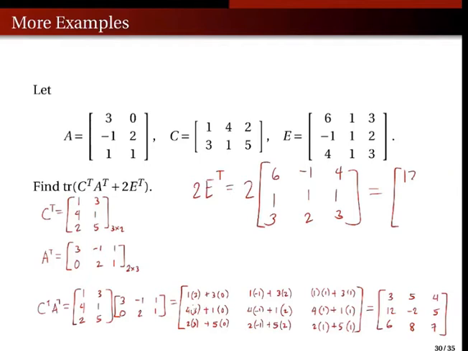So I will need a little space in here. Let me write this in smaller. So 12, negative 2, and then 8. And then you have 2, 2, 2. And then you have 6, 4, 6. So this is the matrix. Okay? And then you can add them. Let us copy this part here.